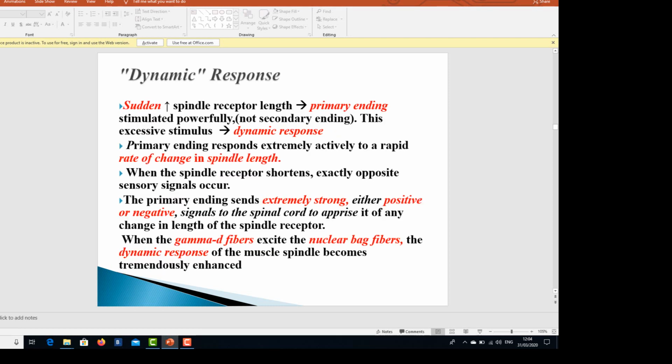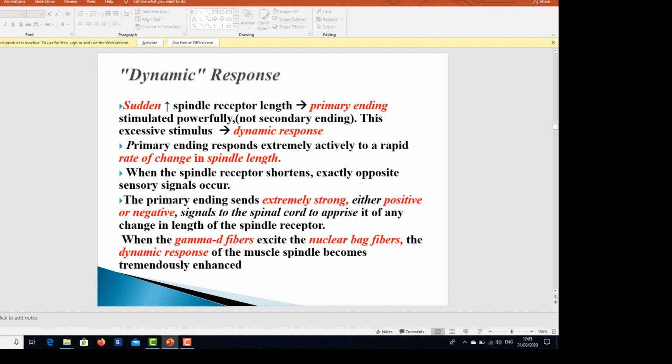Then there is a dynamic response. Now, what is dynamic response? Sudden change in length leads to primary ending stimulation powerfully, not the secondary ending. This excessive stimulus is known as dynamic response. The primary ending responds extremely actively to a rapid change in spindle length.